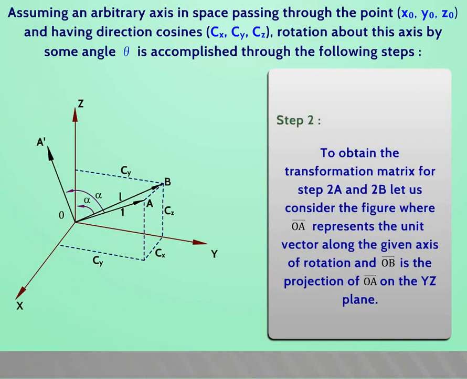To obtain the transformation matrix for step 2a and 2b, let us consider a figure where OA vector represents the unit vector along the given axis of rotation and OB vector is a projection of OA vector on the YZ plane.